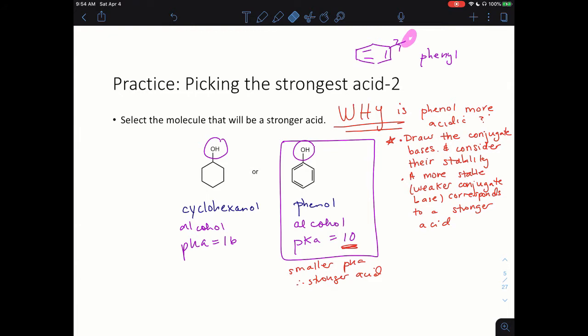I would like to share with you a systematic way of evaluating the relative acidities of two compounds. So what you want to do is draw their conjugate bases and then consider the stability of the conjugate bases. This is because a more stable conjugate base will correspond to a stronger acid. And we learned that in both general chemistry and we discussed it again in the previous video.